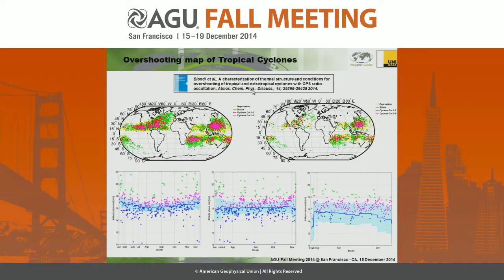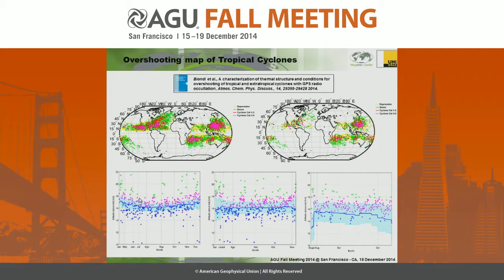We also used the same technique for detecting possible overshootings, and here you see the tropopause altitude at different latitudes, tropical latitudes 20, 30, 40, and the shaded area is tropopause plus and minus standard deviation, and all the dots are the cloud tops that we computed using GPS radio occultations.